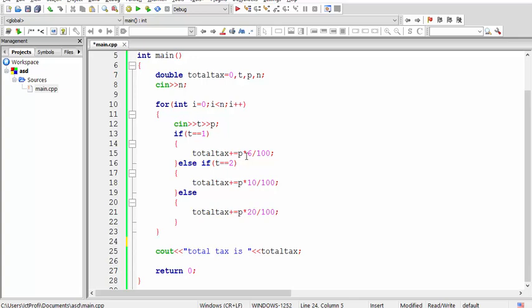When you calculate these taxes with 6%, 10% and different percentages, it might return some decimal numbers. If you want, you can also set 2 decimal places for your result.